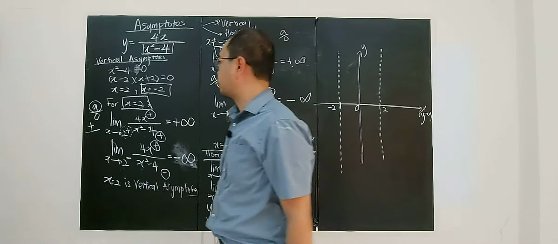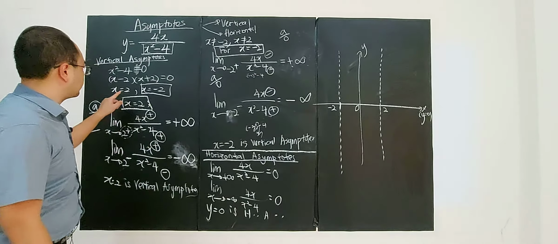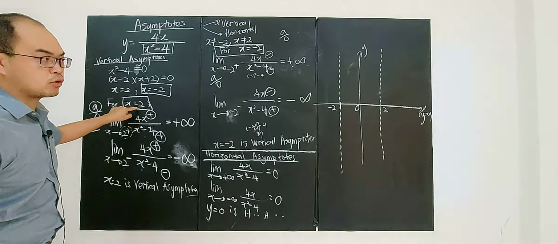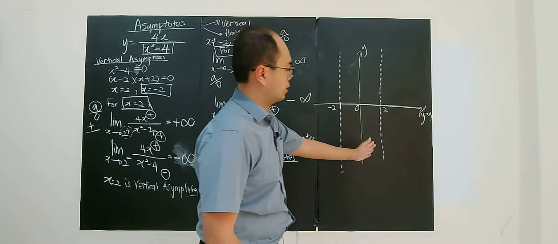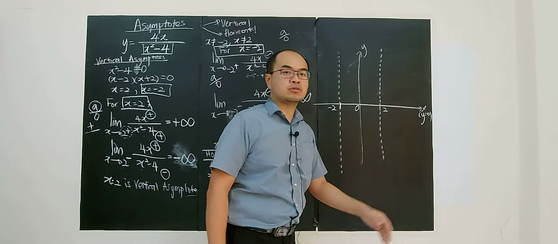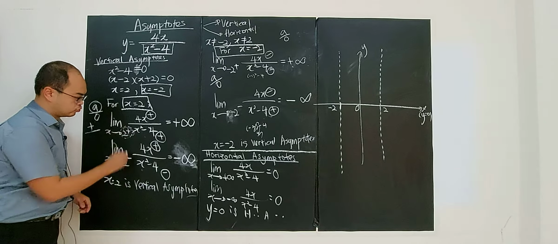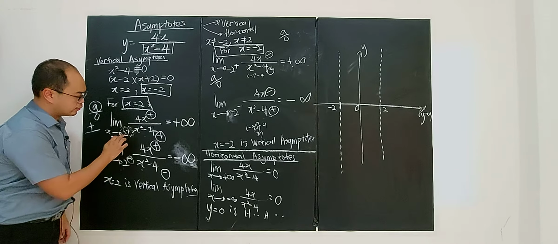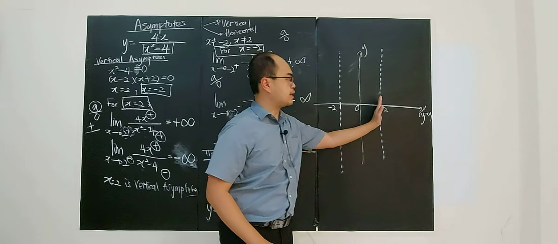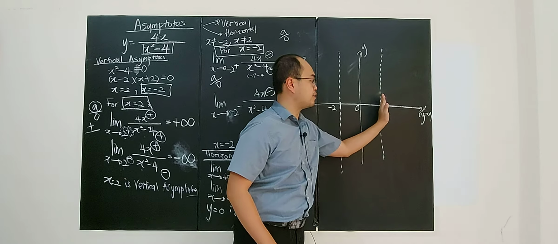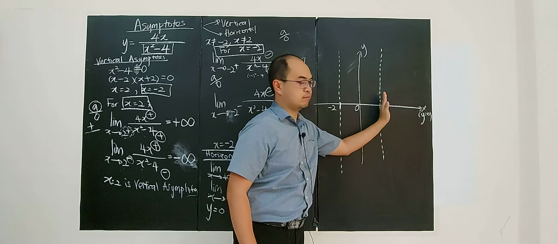So what is the meaning here? Let's go for 2. Now we look at the line x equals 2. You have right of 2 and left of 2. Right of 2, 2 plus, means slightly to the right of 2, very near to 2 but to the right.